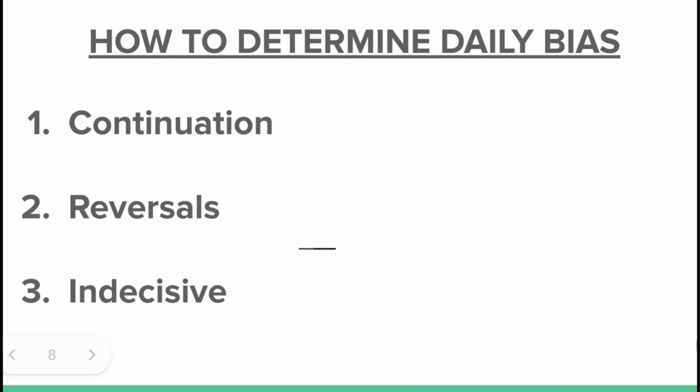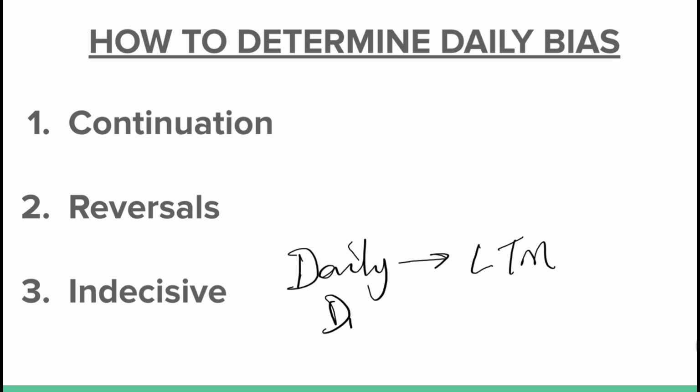and how to approach it on the lower time frame. The purpose of knowing the daily candle is to know what you're going to do at the lower time frame. When you wake up in the morning, you need to look at the daily candle, and it will inform you on what you need to do at the lower time frame. So this is D1.